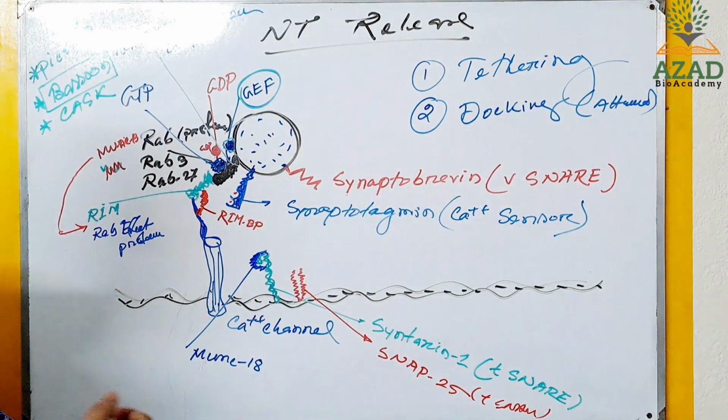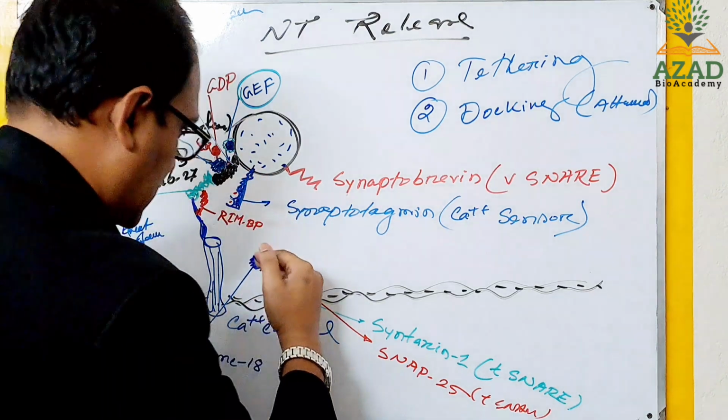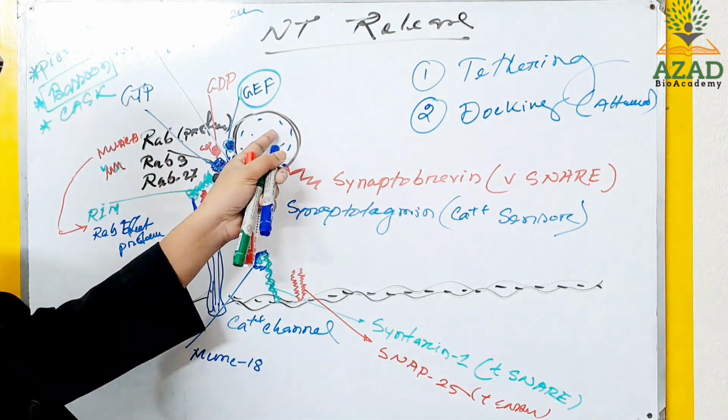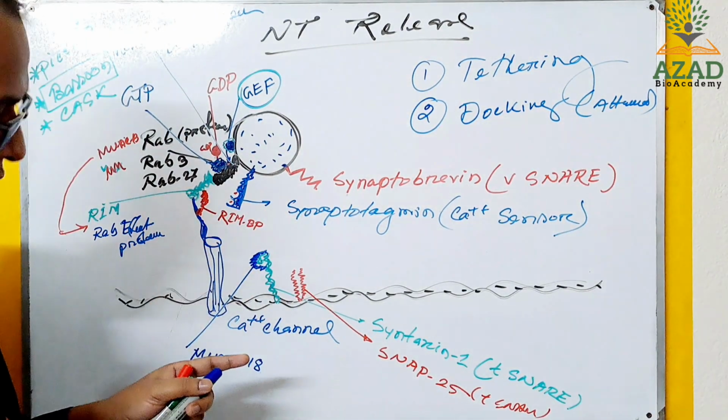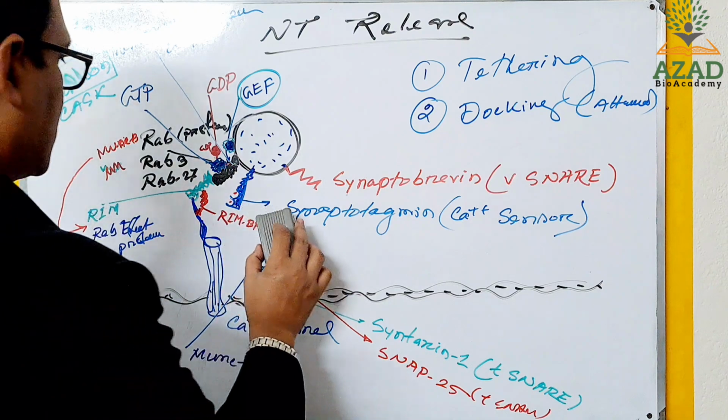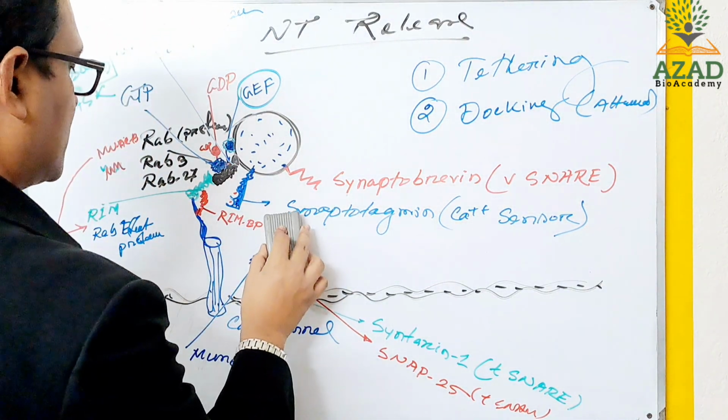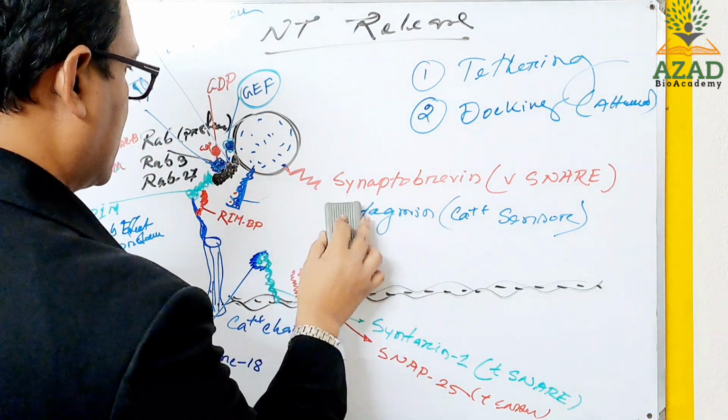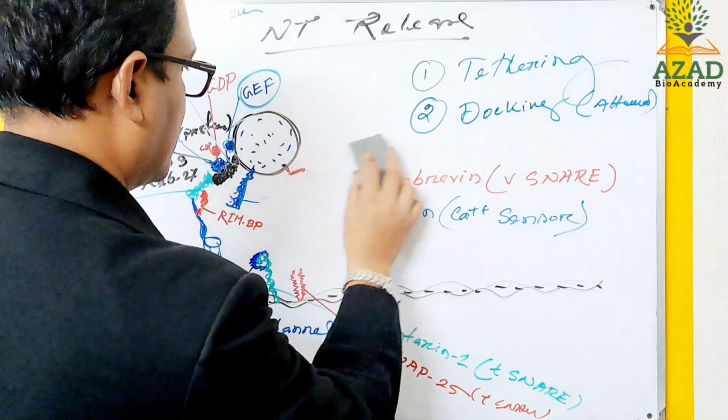Okay, so now I will draw this vesicle here for your easy understanding.